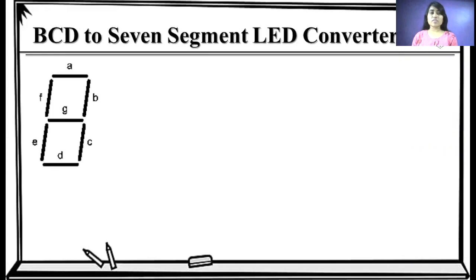Here we have a 7 segment LED which has a total of 7 LEDs, denoted by the small letters A, B, C, D, E, F and G. First we write the BCD number, and then for the equivalent BCD numbers we calculate the pattern for which the 7 segment LED may be on.